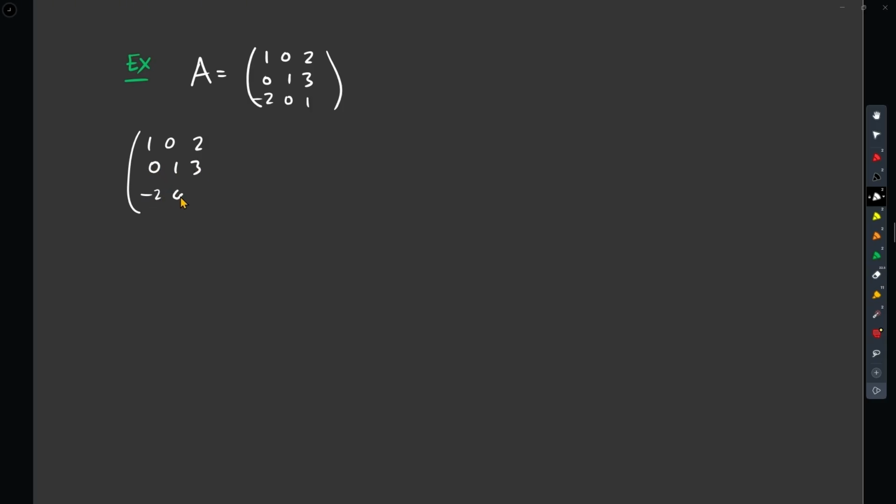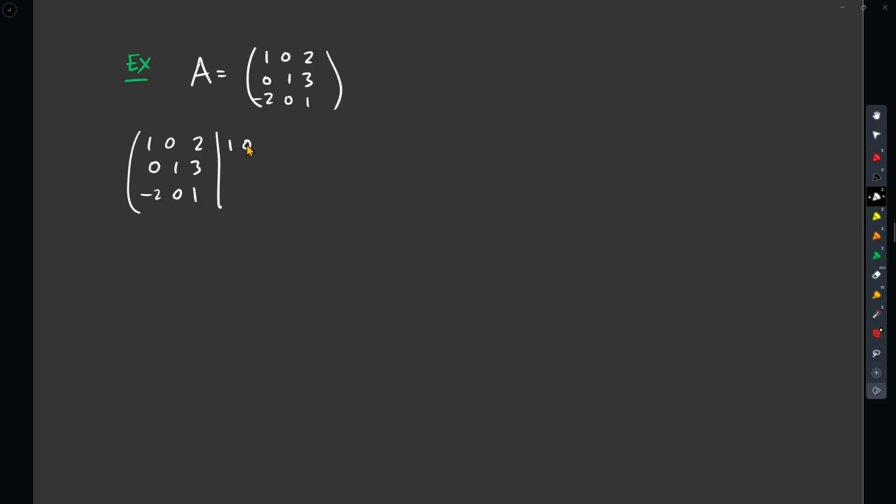Let's do an example of a 3 by 3 matrix. So I'm going to do the same operation, but this time on the matrix. The matrix A is going to be 1, 0, 2, 0, 1, 3, minus 2, 0, 1. And then we start with 1, 0, 2, 0, 1, 3, minus 2, 0, 1.